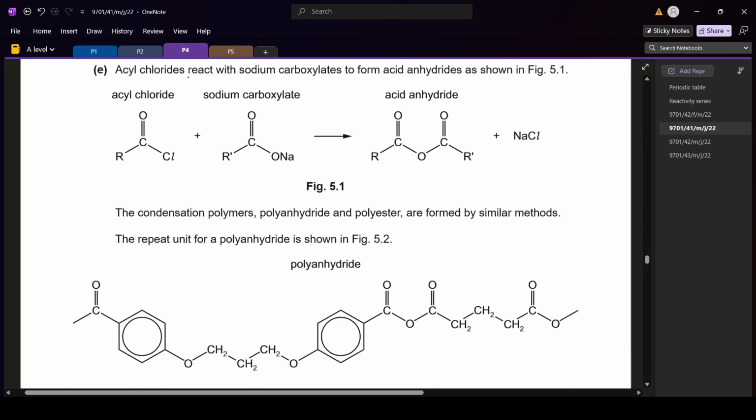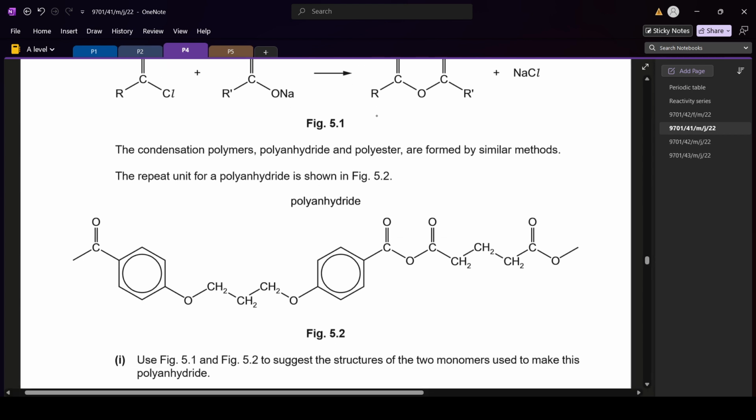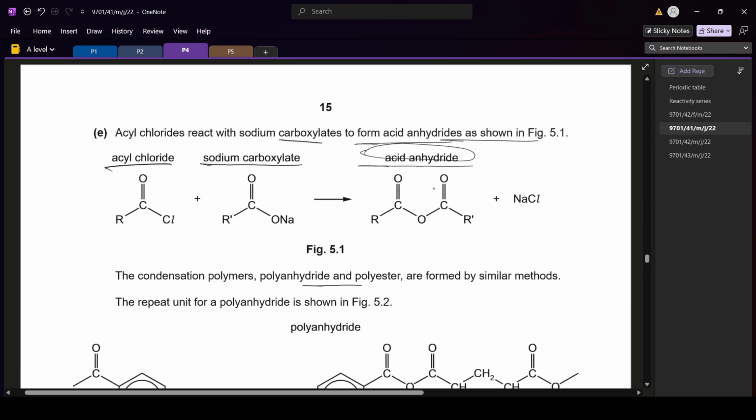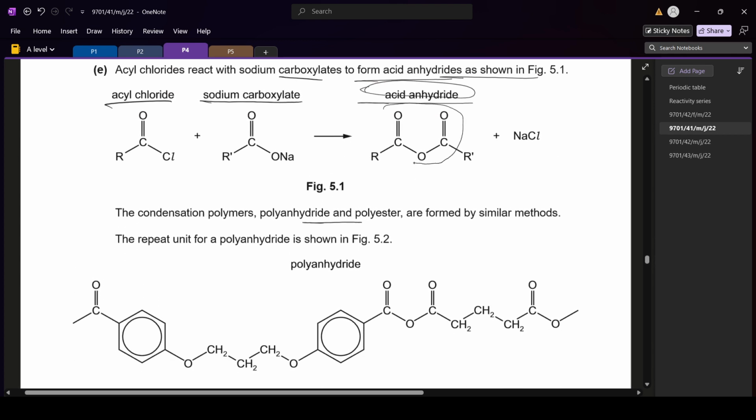Part E, acyl chloride reacts with sodium carboxylates to form acid anhydrides as shown in figure 5.1. Acyl chlorides and sodium carboxylates react together to form acid anhydride. So this is the acid anhydride group, you can see in this part. Now what is it saying?